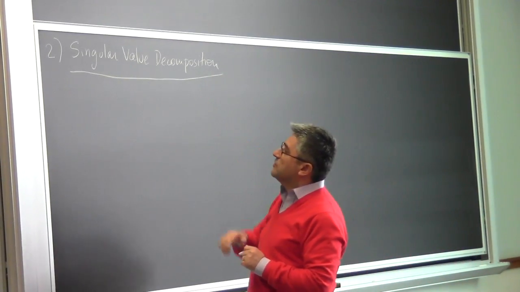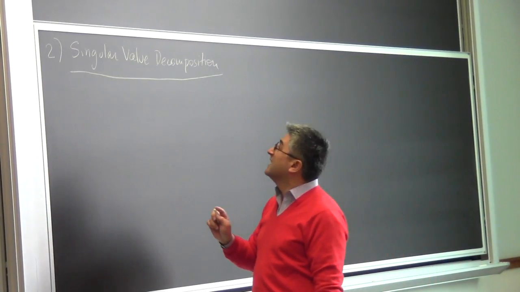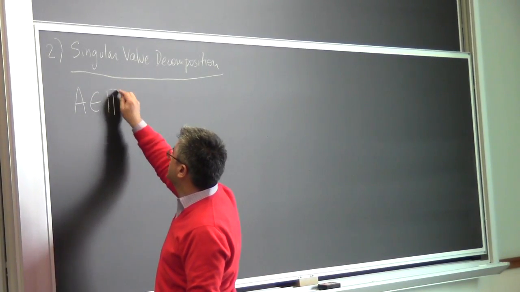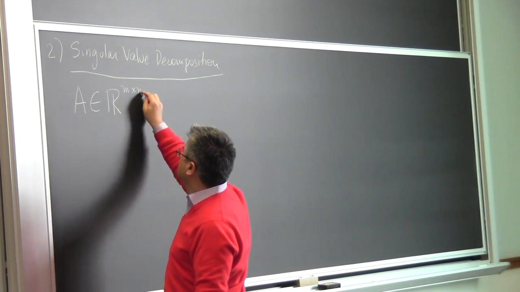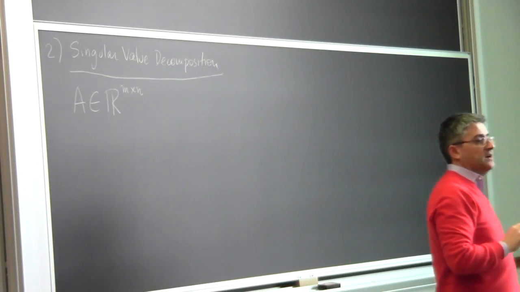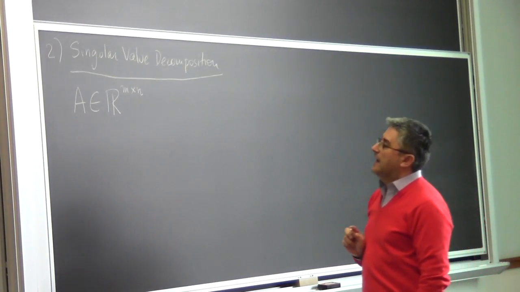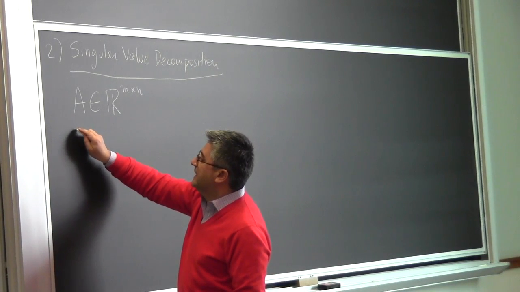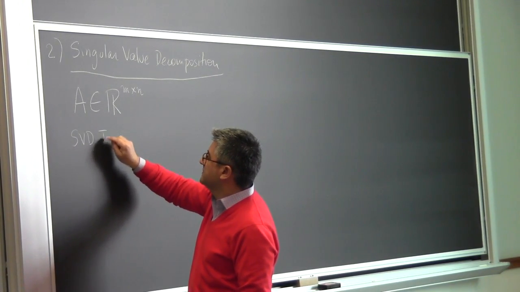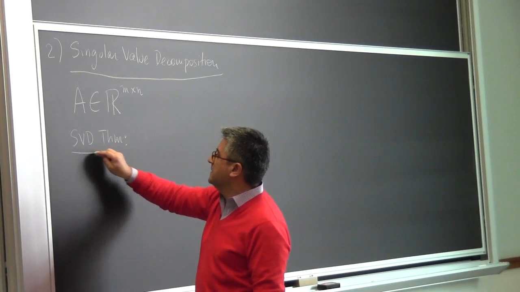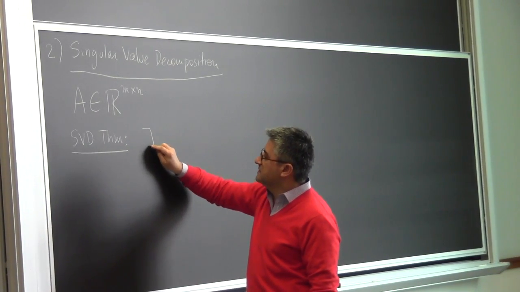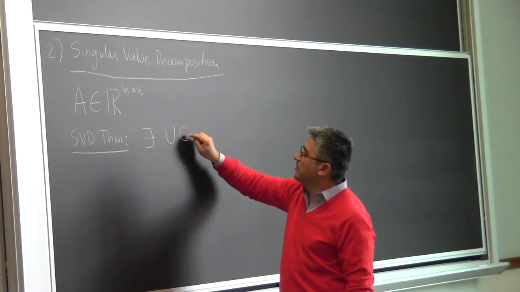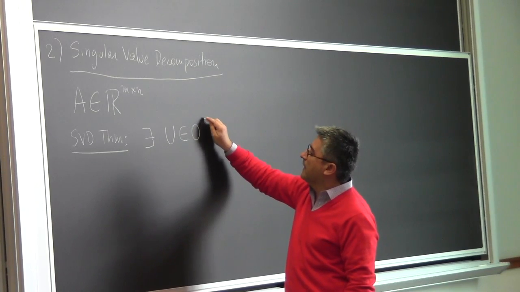So the big advantage of the singular value decomposition is that it's going to be defined for any matrix. So let's say now that A is m by n. So it doesn't need to be square anymore. So then, this is the SVD theorem, which says that there exists a matrix U which belongs to O(m).